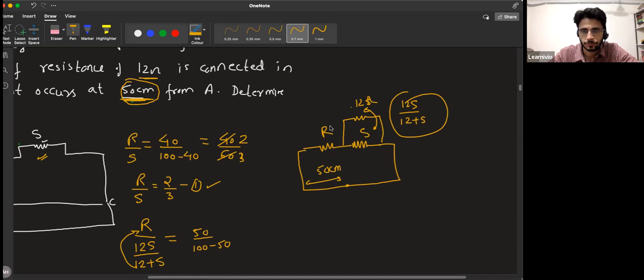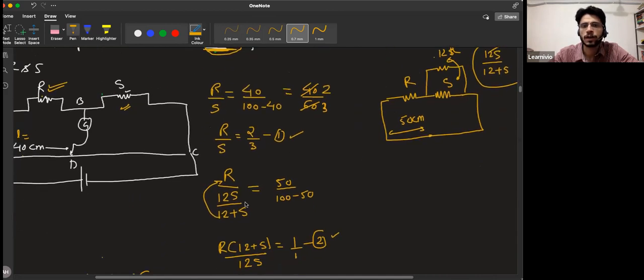In the second figure. That's left and that's right. At left it's R. On the right, 12S by 12 plus S, so it's R by 12S by 12 plus S.